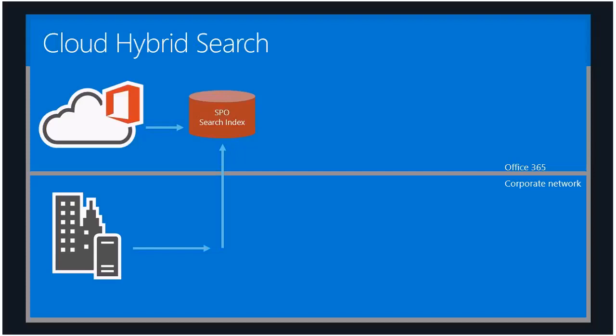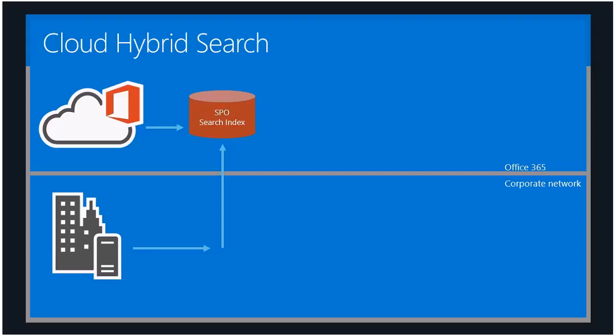So this is quite important here. Our customer can reduce hardware investments because they don't have the additional SharePoint server investments to host the SharePoint search index. Right now, we only have the SharePoint Online search index.